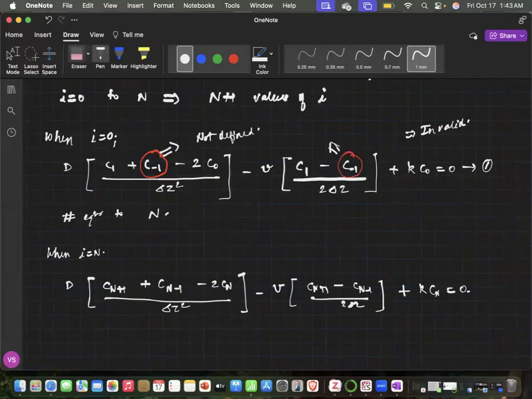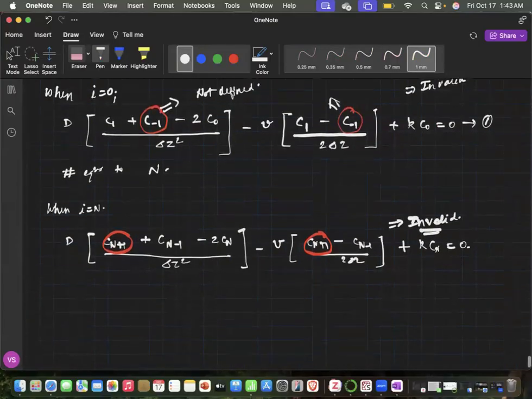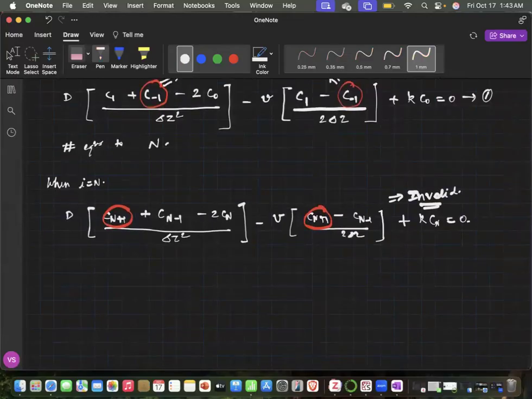Once again, we see Cn plus 1, and this is once again not defined. So this equation becomes invalid as well. And therefore, the total number of equations that we have now are n minus 1, right?